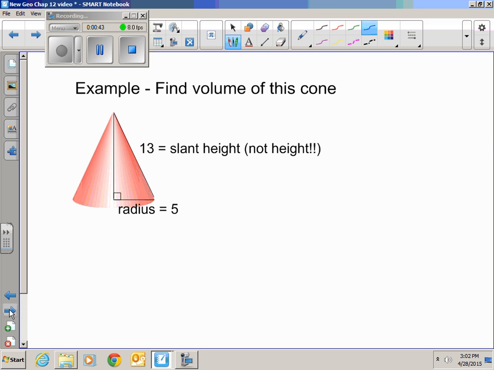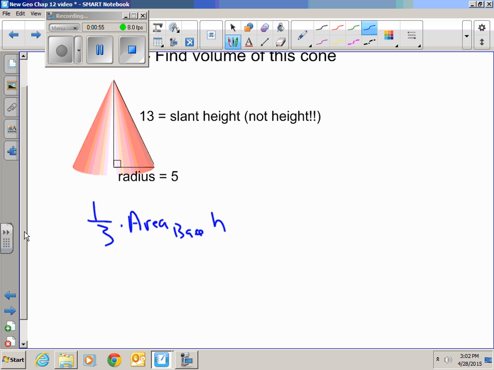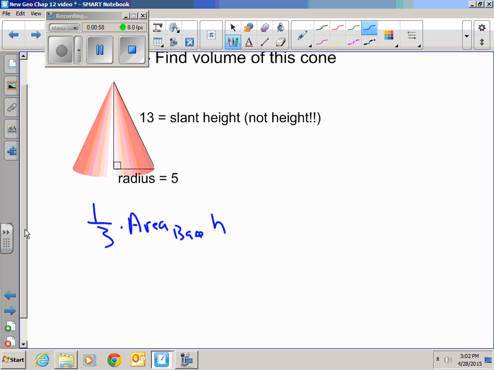So, let's find the volume of this cone. It's going to be 1/3 times the area of the base times the height. Taking a look here, our base has a radius of 5, so it's 1/3 times pi times the radius squared, which is 5 squared, which is 25.